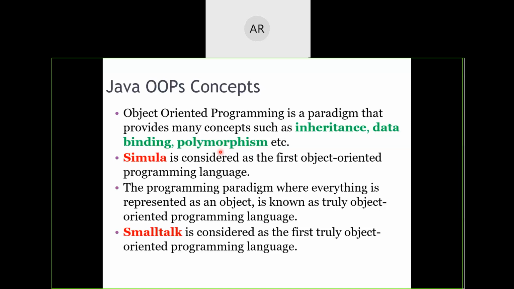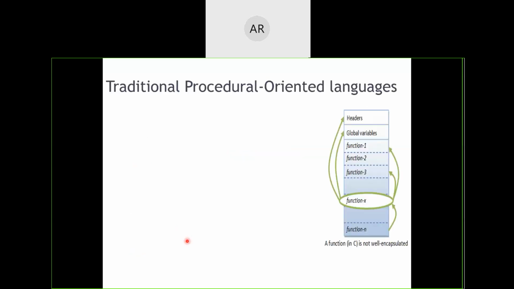But everyone agrees that Smalltalk was the first truly object-oriented programming language. Okay, the first language which introduced certain properties of our object-oriented nature is Simula, but the one which completely came up with the object-oriented programming language nature is Smalltalk. Just like C++ is object-based and Java is object-oriented, Simula was like C++ and Smalltalk was like Java.